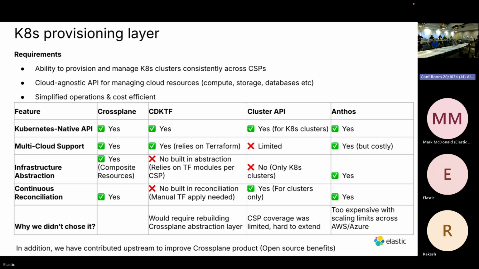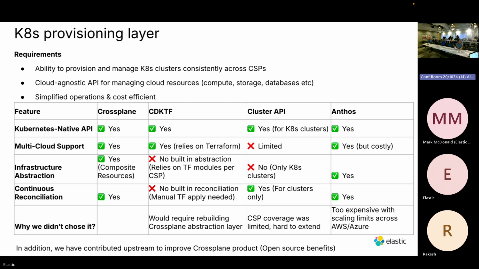Whenever we looked at the options, we always went back to our requirements. For us, multi-cloud support was really important, so we wanted a tool with multi-cloud support. That's where Cluster API did not cut the bill for us, because it did not have enough coverage and we did not have good confidence and a sense of where they are moving towards. So Cluster API was not a good fit.